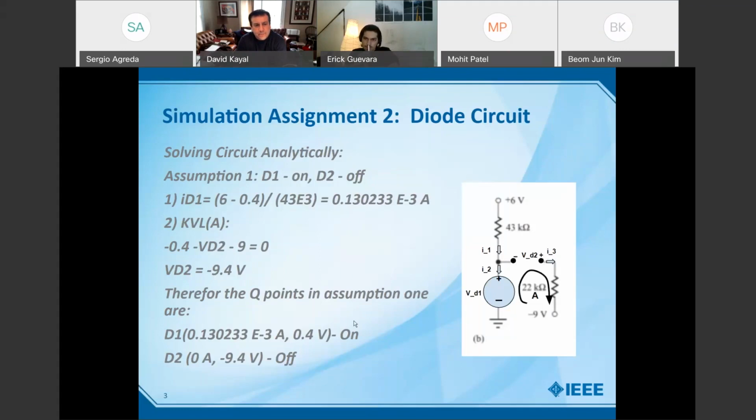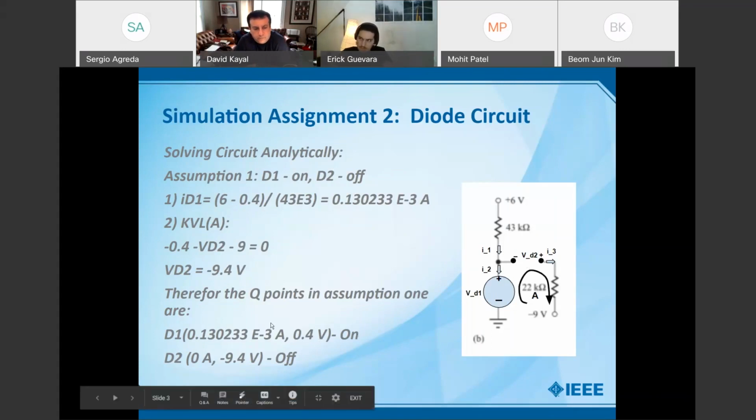So then we can state the Q points on assumption 1, which proved to be true, because D1 is on, there is a 0.4 voltage drop here, and D2 is off because the voltage drop across this diode that's off is less than 0, or negative.